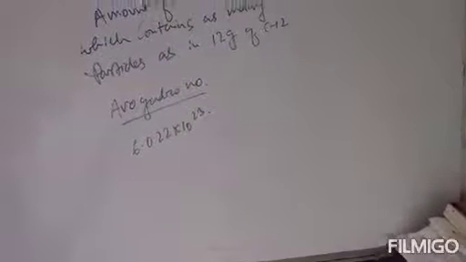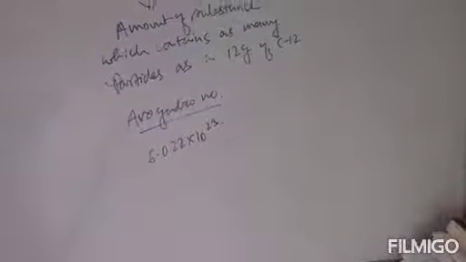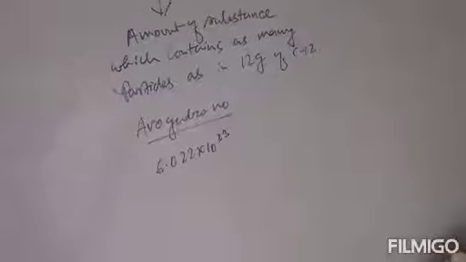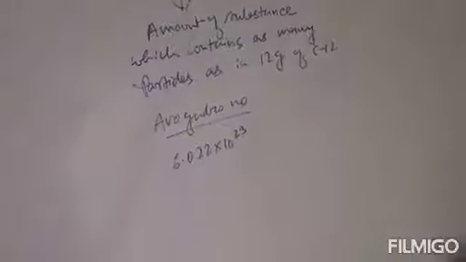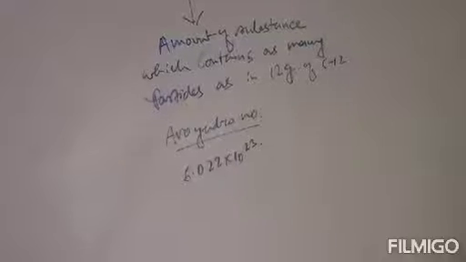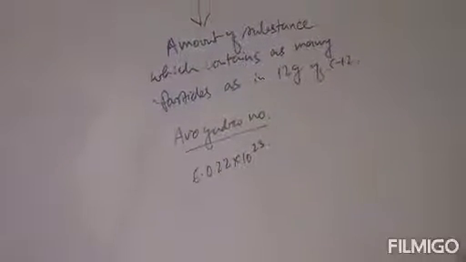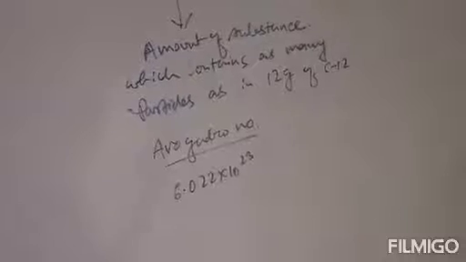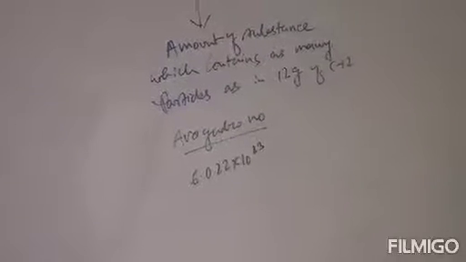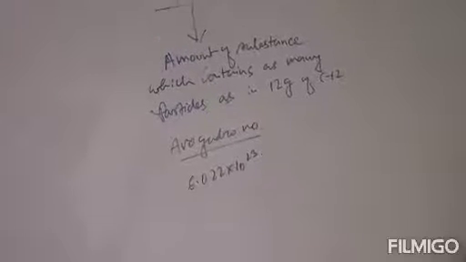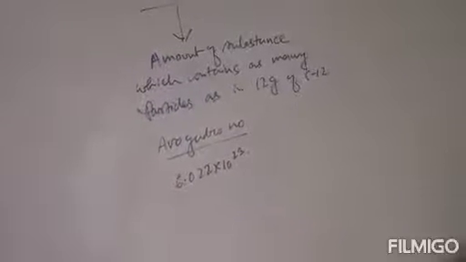This is a constant value, known as the Avogadro constant, because it was discovered by an Italian scientist named Amedeo Avogadro. In honor of that scientist, this constant is named the Avogadro constant or simply Avogadro number. It has a fixed value, 6.022 into 10 to the power 23.